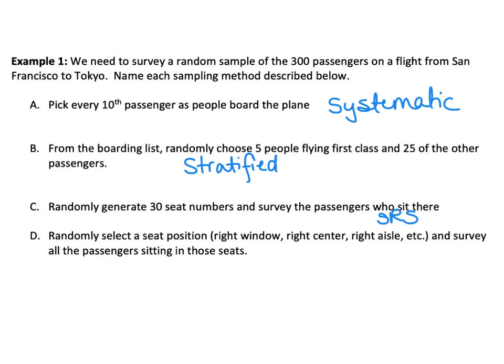This would be a simple random sample. Randomly select a seat position, the right window, the right center, the right aisle, etc., and survey all the passengers in those seats. This one is a cluster. Think of it as more on location, and then you're sampling every person in that location.